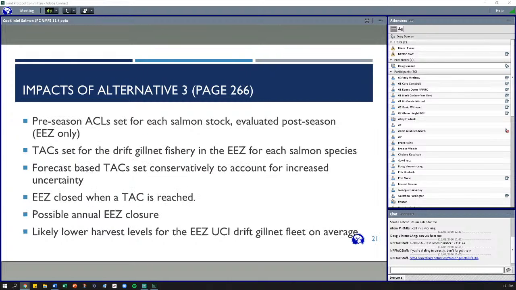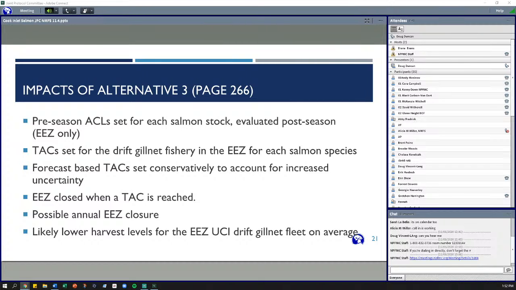Under alternative 3, again, we have those annual ACLs that would be set. However, more significantly, we would also have the preseason total allowable catch that would be set for each species or stock. Since these would be established based on a forecast, they would be conservative just to account for the increased uncertainty, as well as the lack of management flexibility inherent to the federal process.